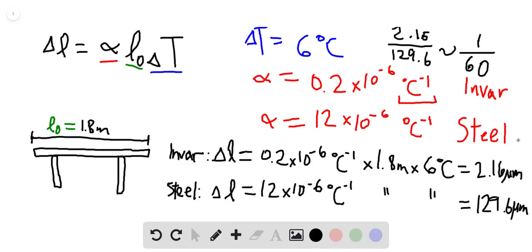Which means that steel will expand 60 times more than Invar, which makes us realize how important Invar could be for very sensitive measurements like the ones described in the problems.